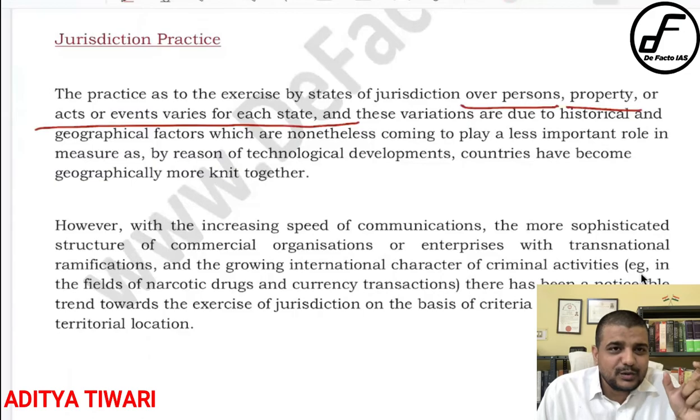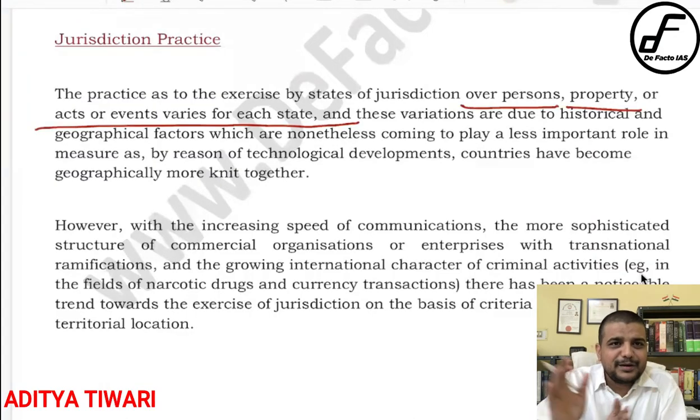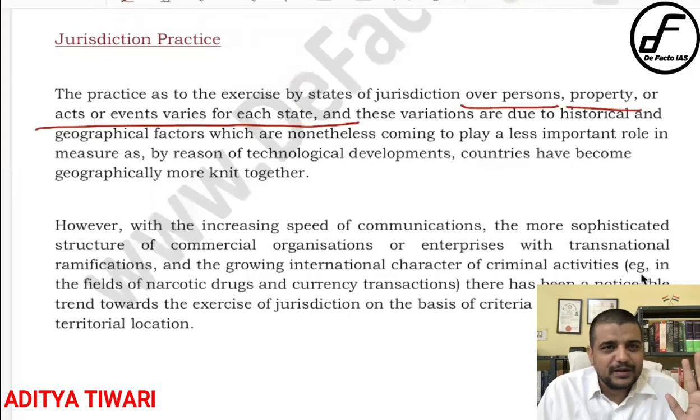Jurisdiction with regard to act, and act may be by an individual or by a company. Or property, where it is situated. And third is the person himself, where he is. So when you study jurisdiction, you try to understand the jurisdiction principle with respect to these three separate components: individuals, property, and act of an individual or a person. Person means legal person also.